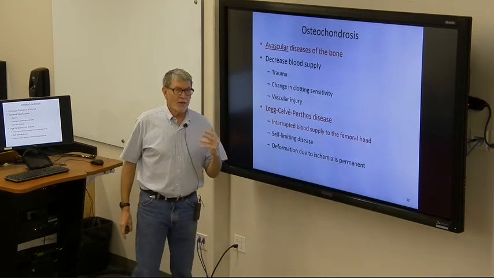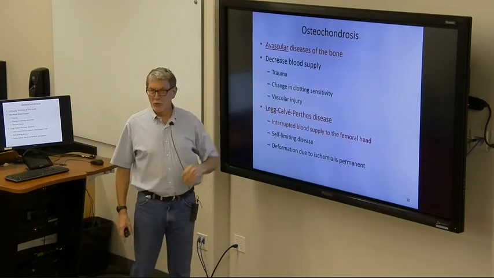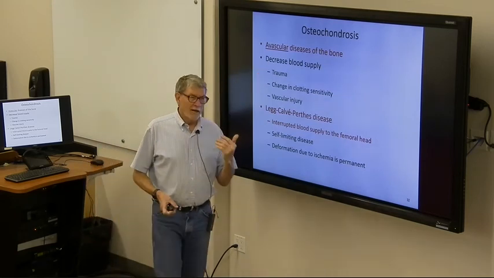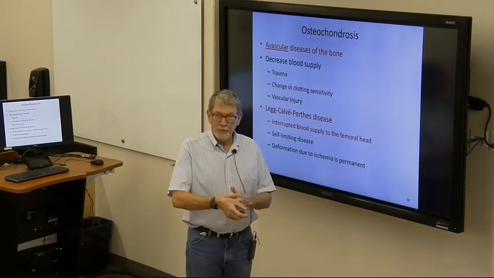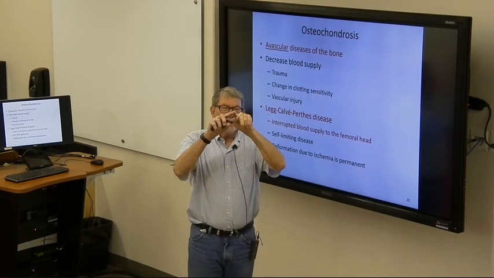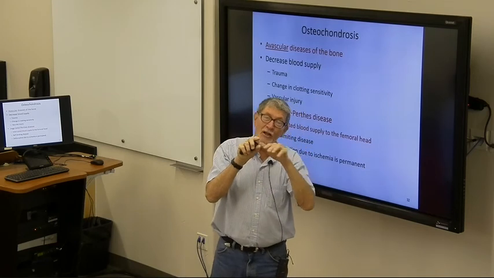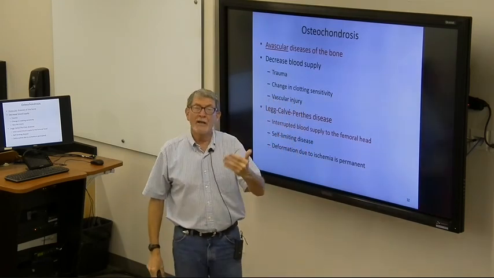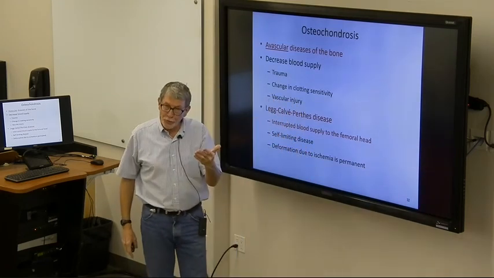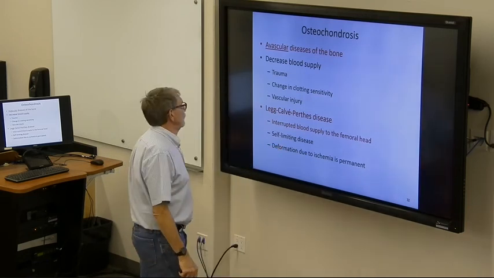So if something causes a cutoff in blood supply, avascular disease of the bone, you can have that in the scaphoid bone in your wrist. It's an easy bone to break. It's shaped kind of like a milk bone, and if you break it in the middle, the blood supply from one side isn't getting to the other side, and that part can die. You can have bone necrosis from avascular necrosis, from a lack of blood flow.